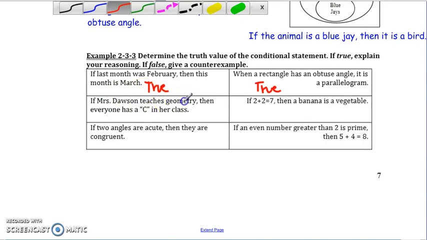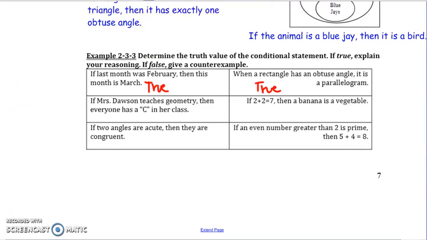If Miss Dawson teaches geometry, oh, not this year, she's not teaching geometry. So this first part is false, and then everyone has a C in her class. So when you have a false statement as just the hypothesis, but your conclusion is true, this is when it gets a little tricky.